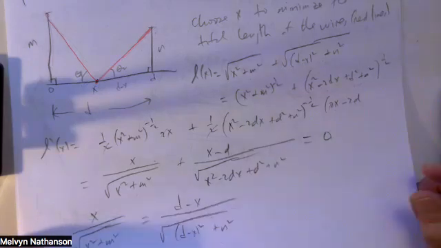So this has to equal this. I cross multiply.